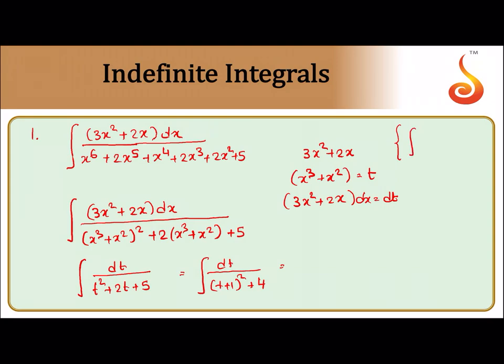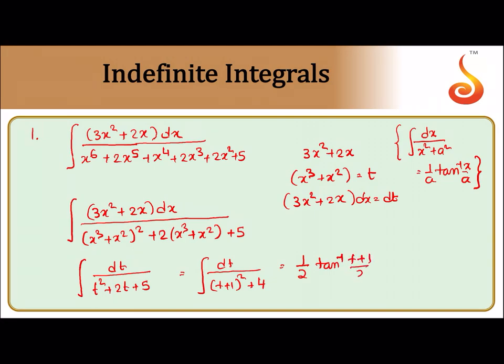So whenever I will be discussing standard forms, I'll write the formula also for your convenience. The formula used here is integral dx by x square plus a square equals 1 by a tan inverse x by a. This is the formula used.